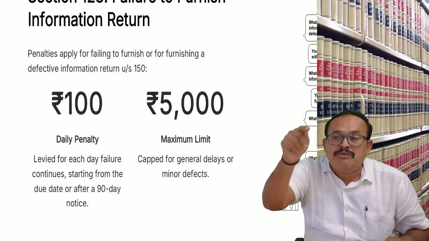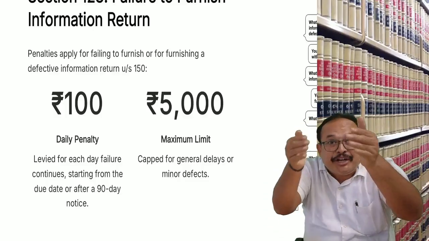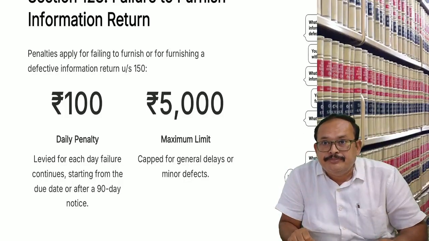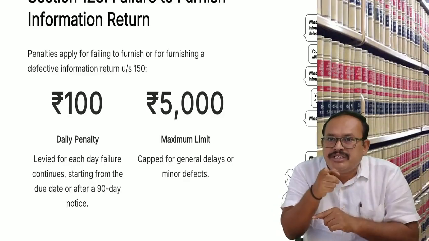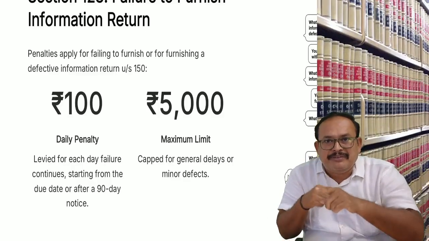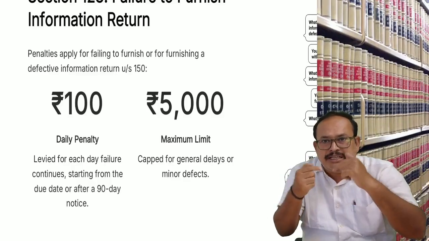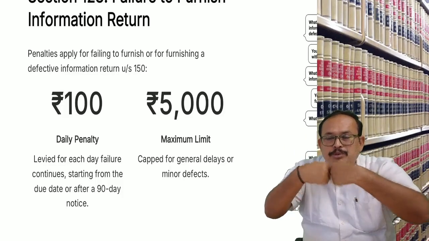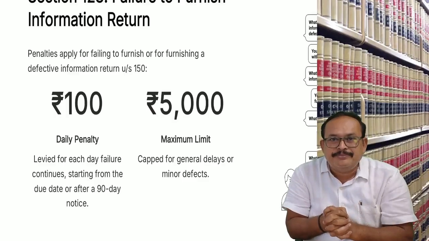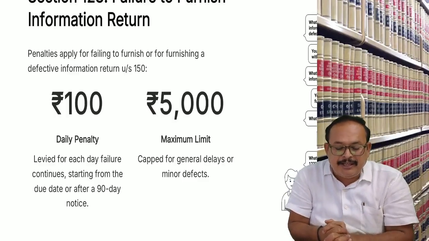If the information they submitted is defective, insufficient, or not submitted, issue the notice, giving a time period of 90 days to furnish the correct information. Still, if they fail to do so, impose the penalty. How much penalty?